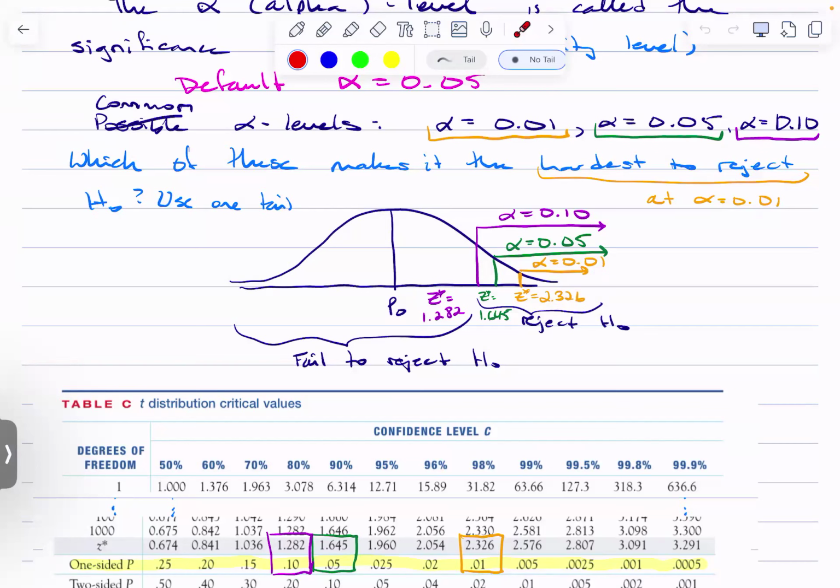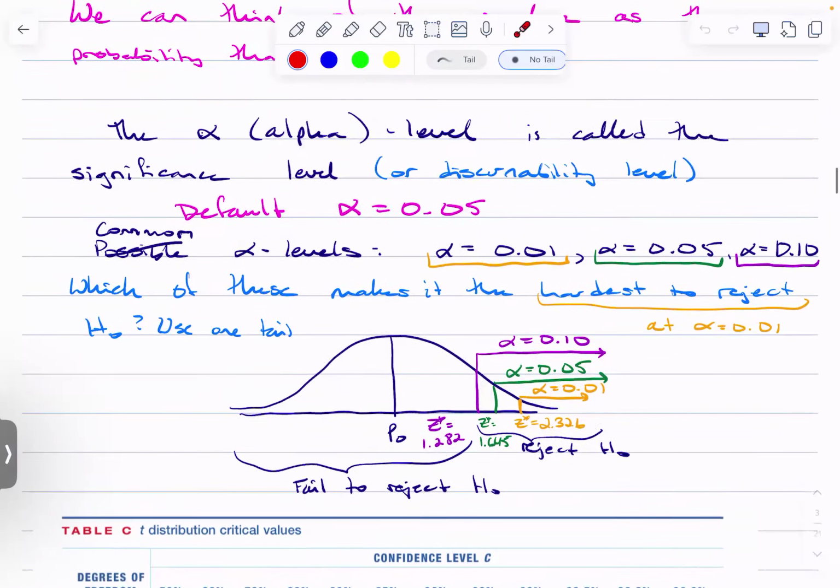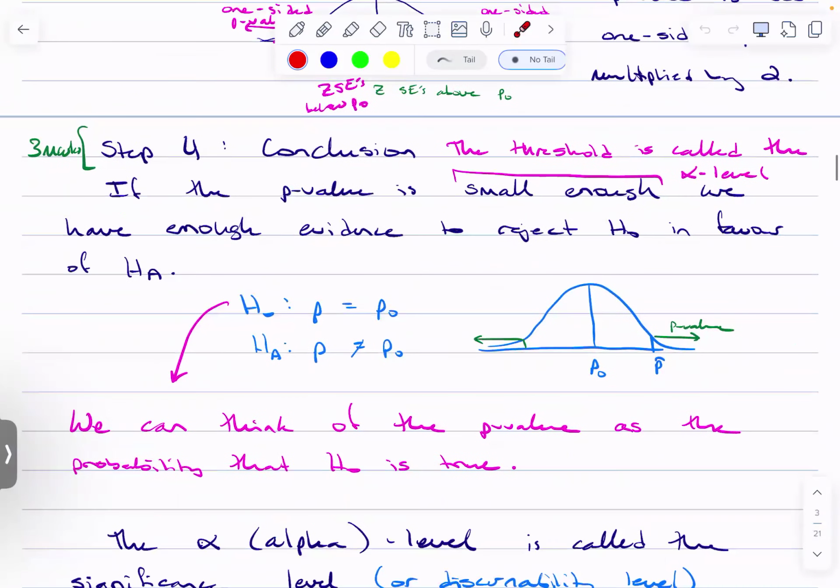There are scenarios where it's really expensive to reject H naught. So for example, if we go back to the null hypothesis, a null hypothesis is just everything stays the same. Keep all the buildings as they are. What if the alternative is tear down all the buildings and build new ones? You don't want to just do that willy-nilly. You want to be really, really sure that you actually have to tear down all the buildings before you go ahead and do it.